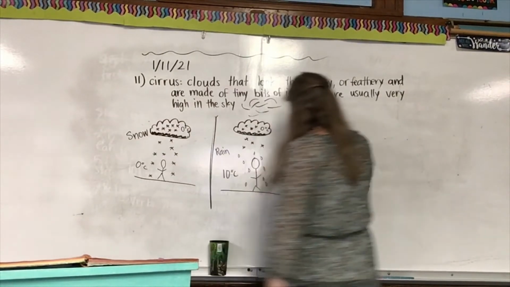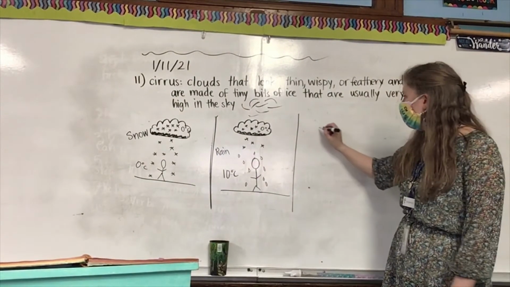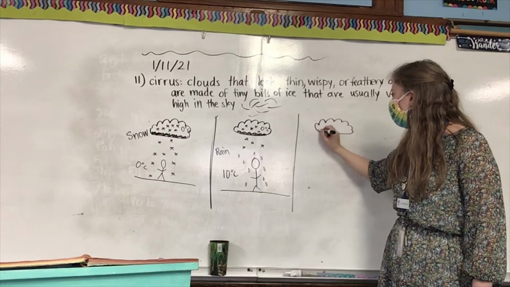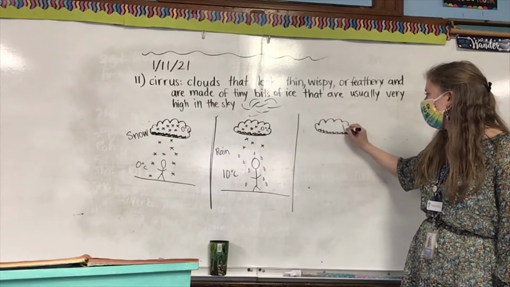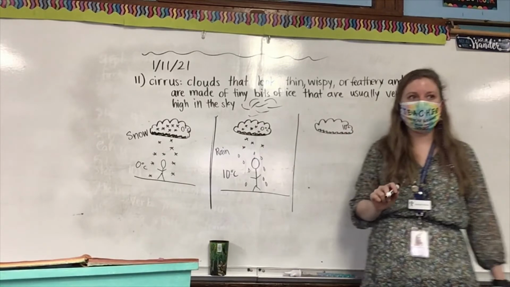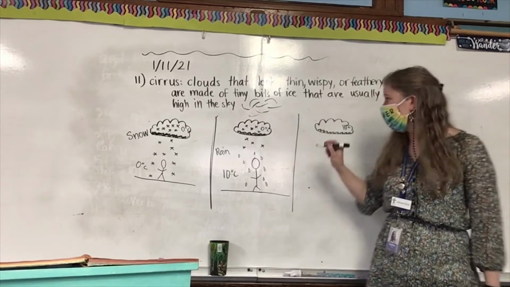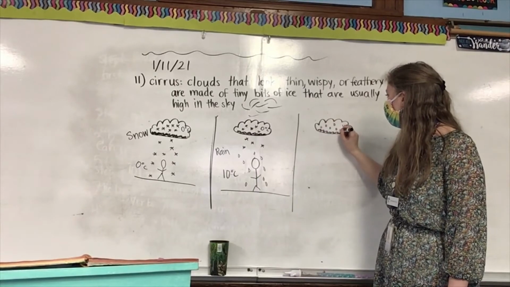So, let's draw a third diagram. We have our cloud, our cumulonimbus cloud. Real dark and heavy at the bottom. And inside the cloud, it's about 10, cool, but not freezing. We have our tiny droplets of water.